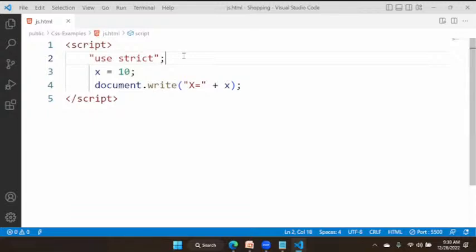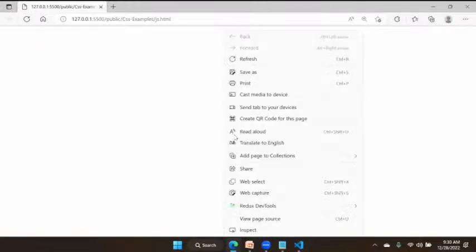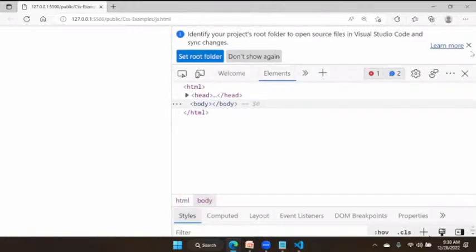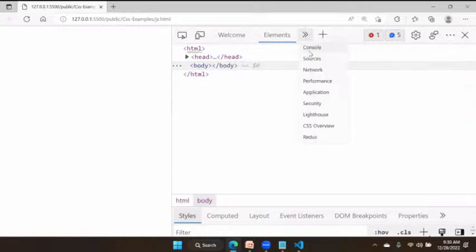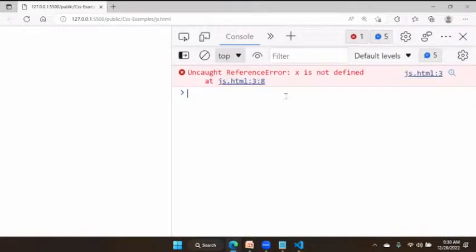And you see now, it will not allow this. It's not working. Inspect, go to console. In the console, you can see the error. The error says x is not defined.